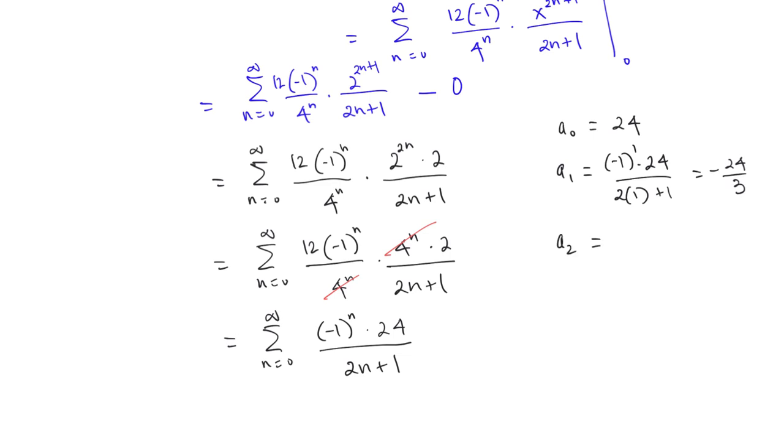A sub 2 is positive. This is an alternating series, 24 over 5. A sub 3 is 24 over 7, but it is negative because negative 1 to the third power is negative. A sub 4 is positive now, 24 over 9. These are the first 5 terms, a sub 0, a sub 1, a sub 2, a sub 3, a sub 4 of this infinite series.